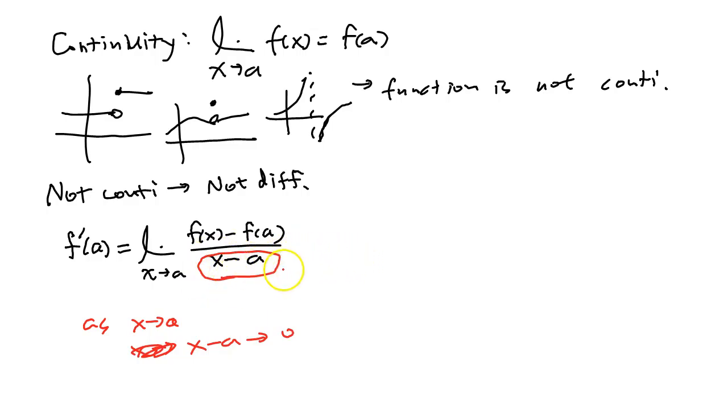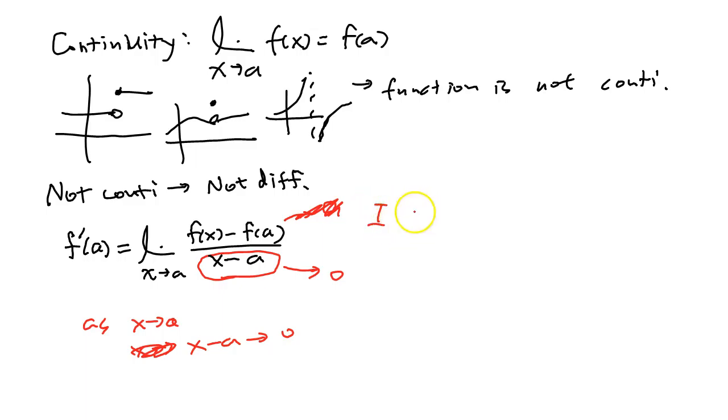Now, this has an important consequence for the numerator. If the denominator goes to 0 and you still want the entire limit to exist, where should the numerator go? It has to go to 0, or else the limit wouldn't exist. Okay? So let's think about the following.